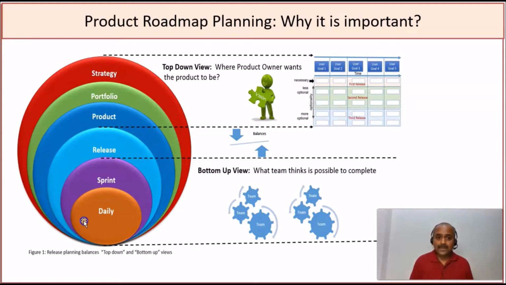The product roadmap planning event bridges the connection between portfolio planning, which decides what products to create, retire, or enhance based on the target set for the portfolio, and the releases within a product. So the product roadmap planning bridges the gap between portfolio planning and release planning.